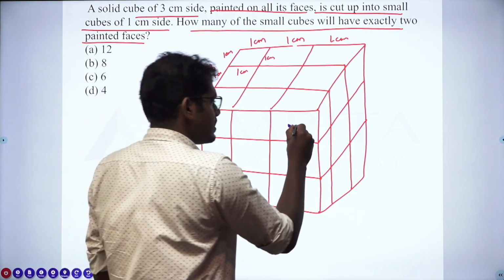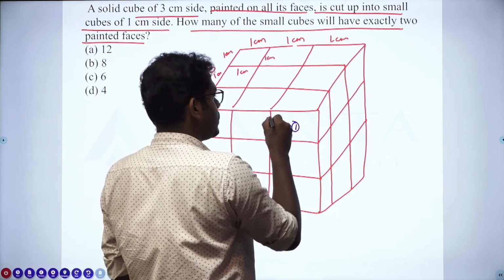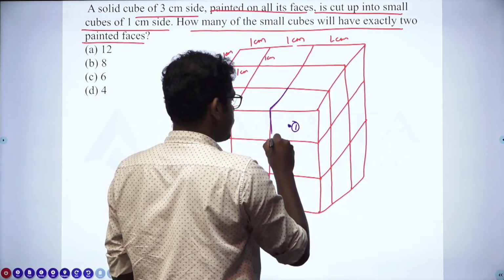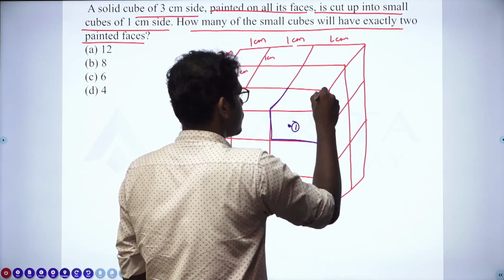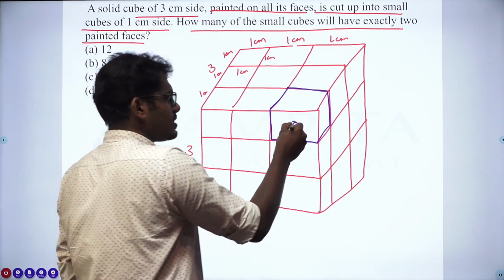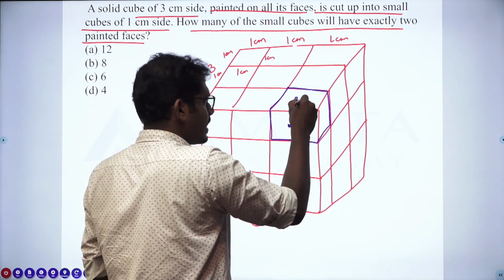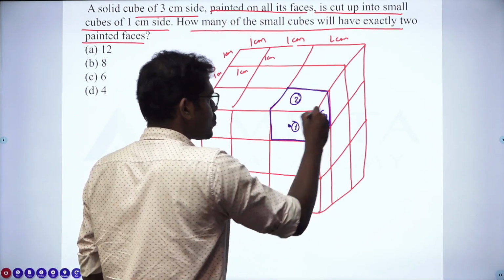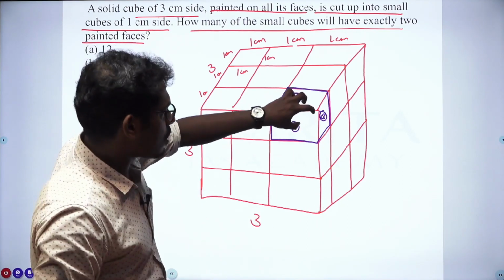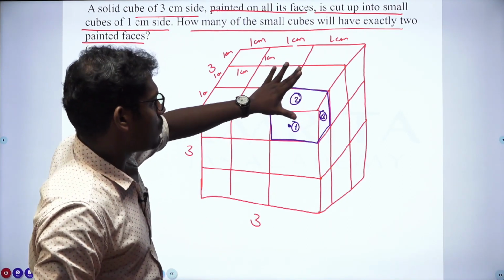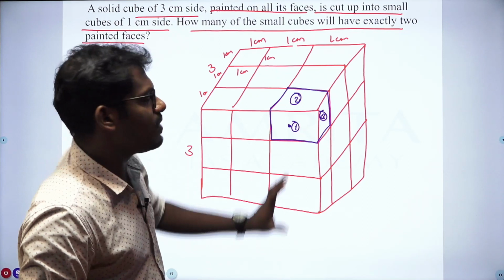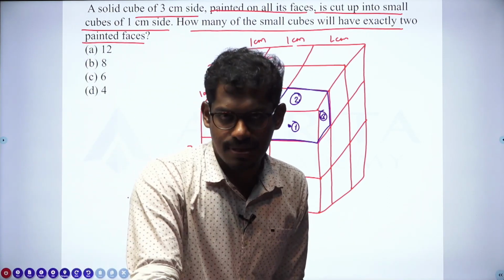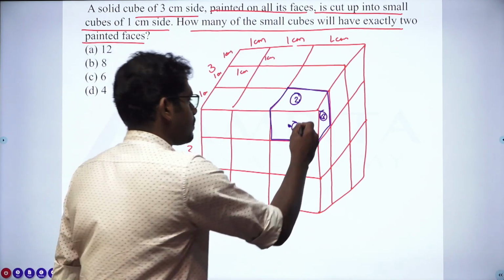No. This is a painted face. This is a cube. So this side has a painted face, this side is a painted face, this side is also a painted face. So this corner cube contains 3 faces having colors. Clear? So this is not a case.